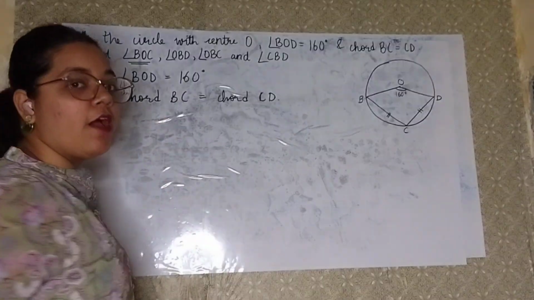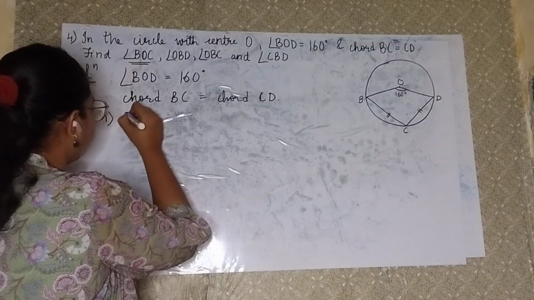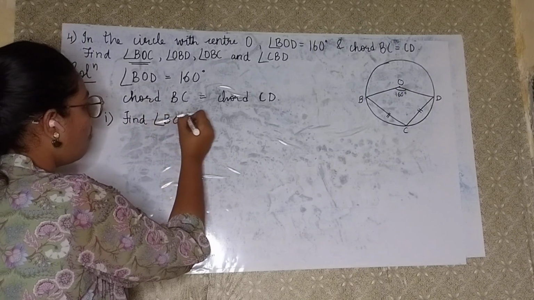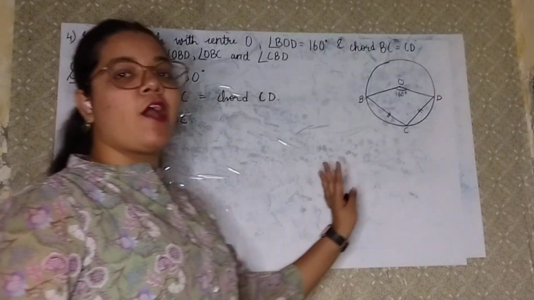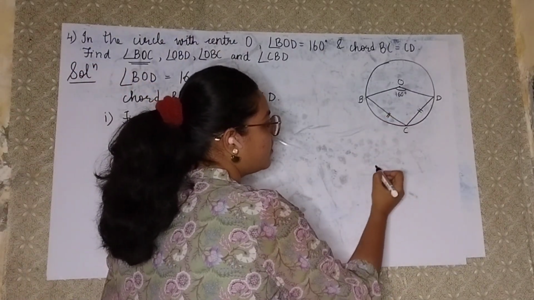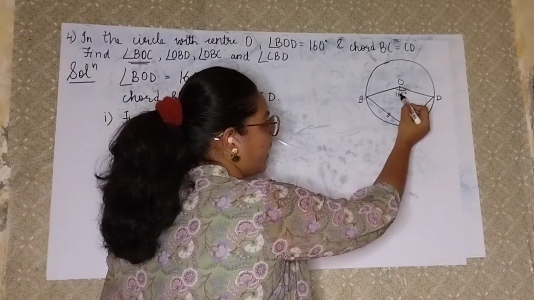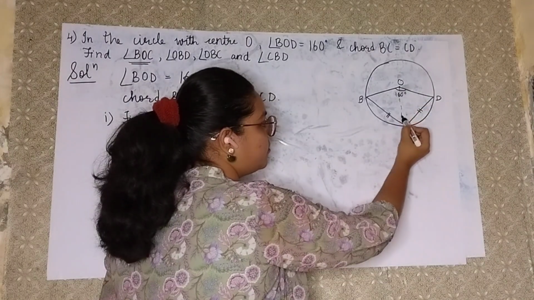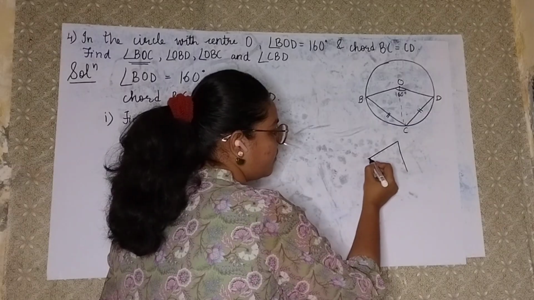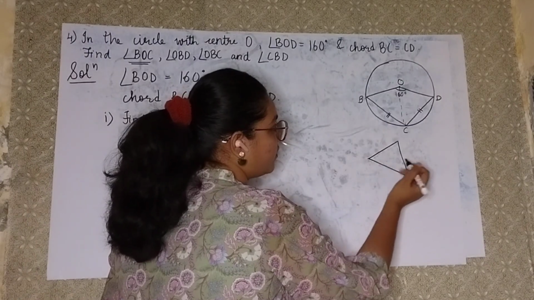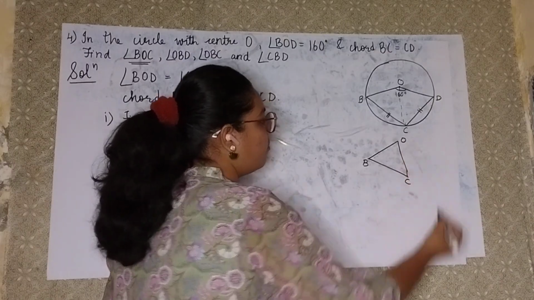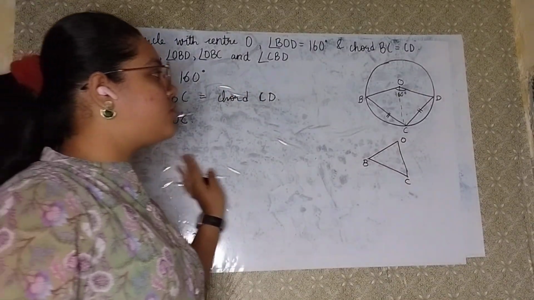First part, we have to find angle BOC. Now you have to see where angle BOC comes. If you see, it comes in this part of the diagram over here. So I can draw this diagram this way, kind of a triangle. B, C, O. We have to find angle BOC.